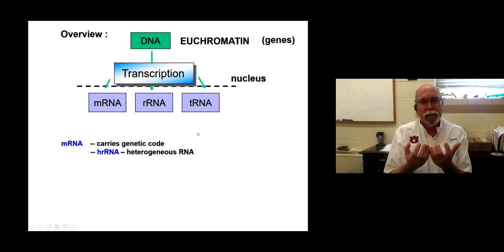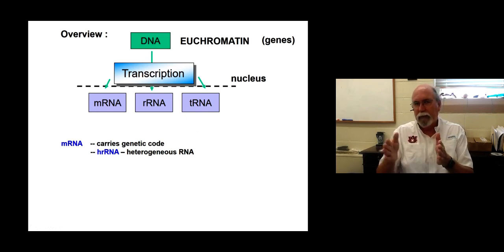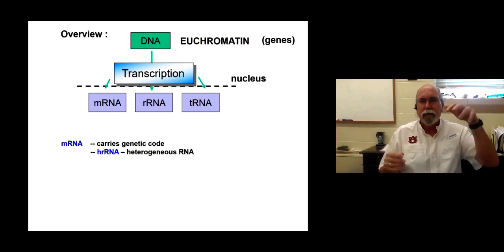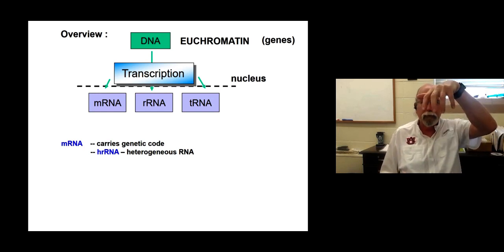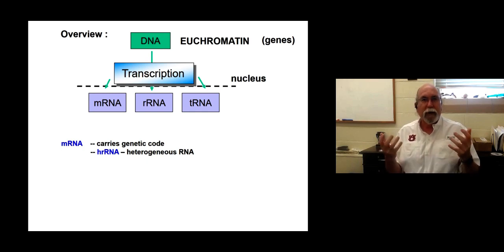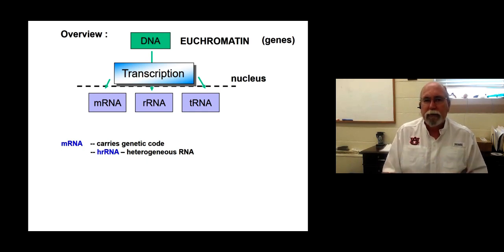Because transcription is just a blind process. Once you initiate it, it reads every base that's in that transcriptional unit. It doesn't know whether it's introns or exons. It doesn't care. So the message at this point, when it's first produced, is full of intron and exon coding that you have to splice out and remove. So we call it heterogeneous RNA at that point. We're going to modify it.